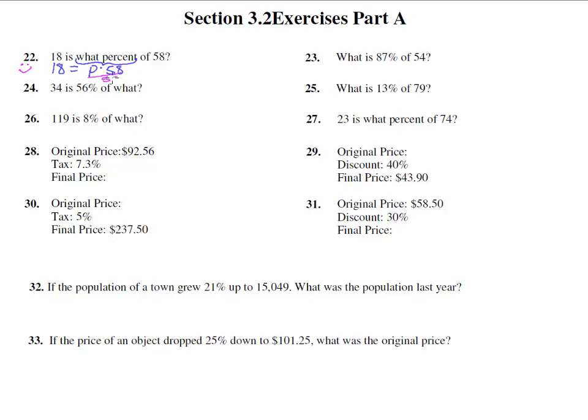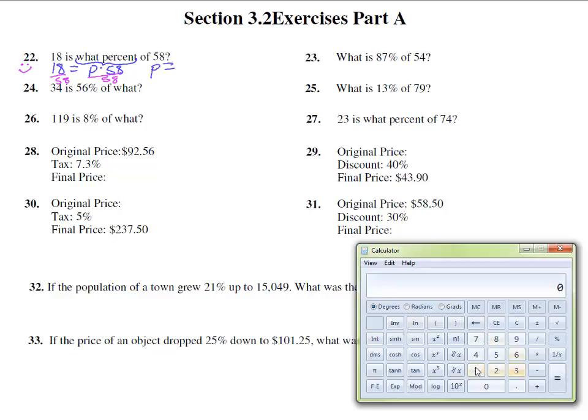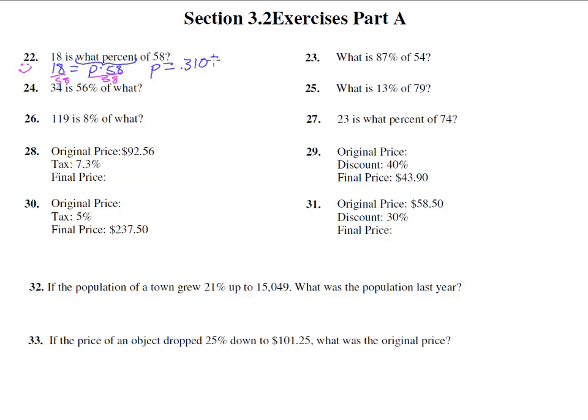Divide by 58. Divide by 58. So we get that p equals, let's pull out the calculator and see what we get when we divide 18 divided by 58. It's 0.3103.